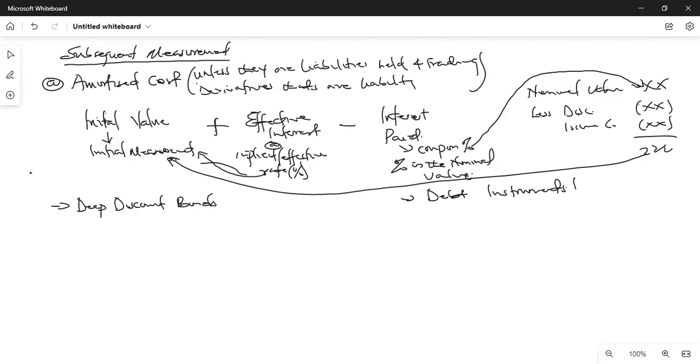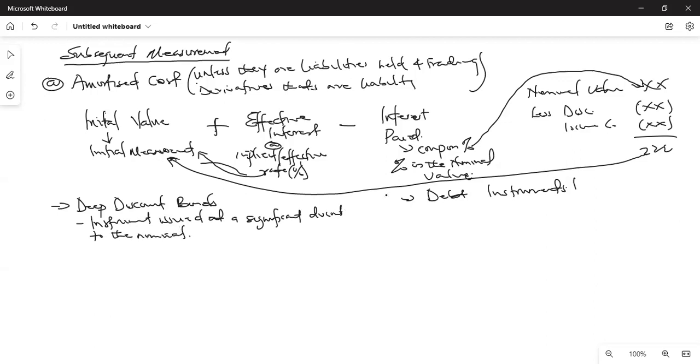So we say that it is an instrument that is issued at a significant discount to the nominal.